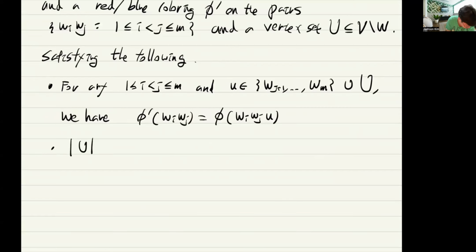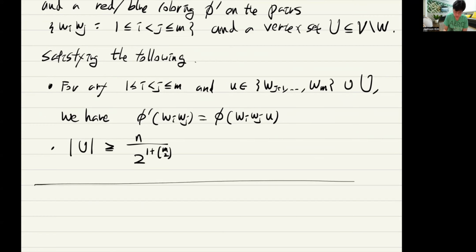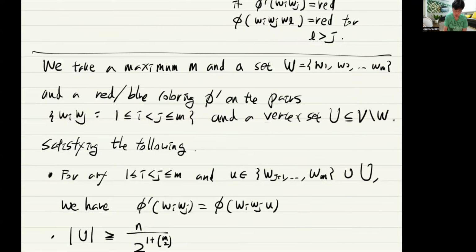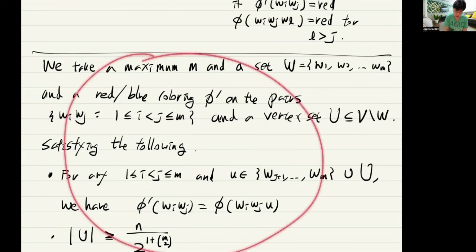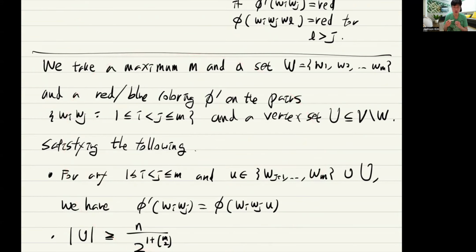This candidate set has at least n over 2 to the power of 1 plus m choose 2, so it's not too small. Out of all such choices, we choose one that maximizes m.